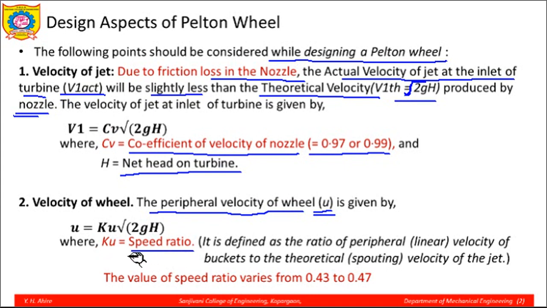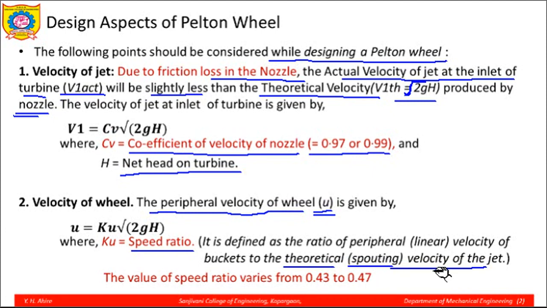Speed ratio is defined as the ratio of the peripheral linear velocity of the buckets, that is the tangential velocity of a bucket, divided by the theoretical spouting velocity of the jet, that is root 2gh.